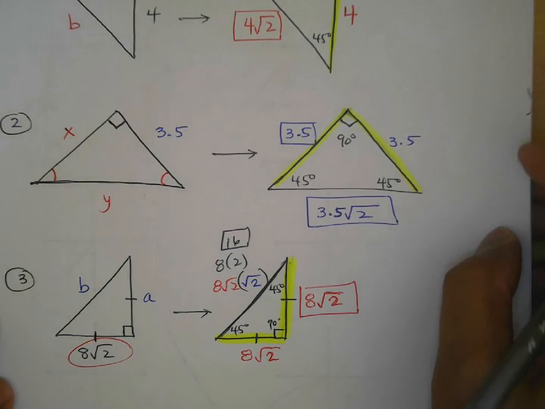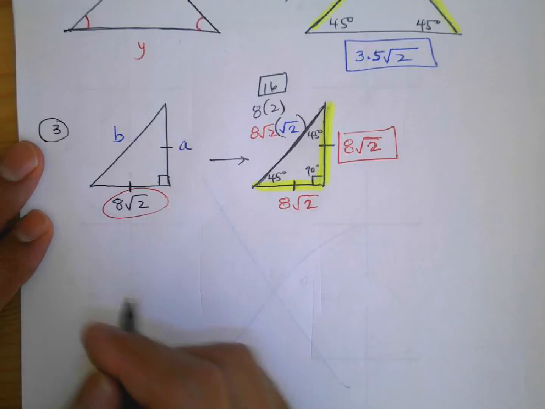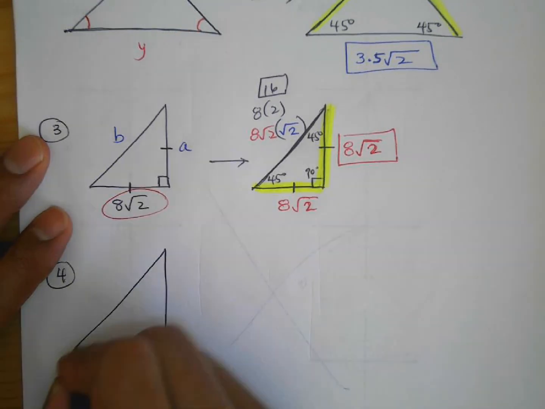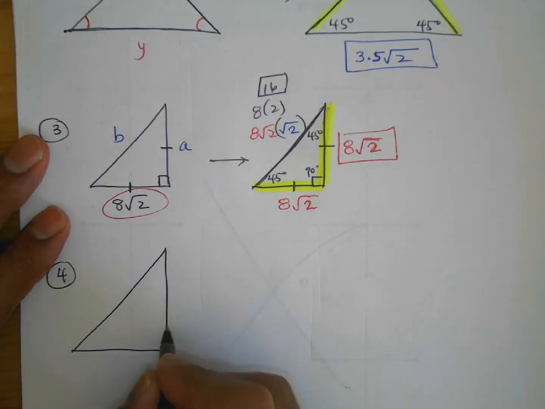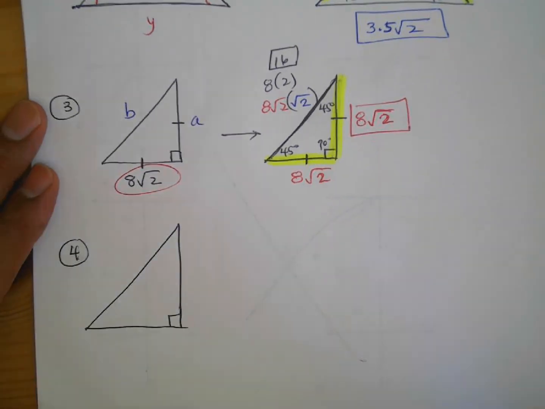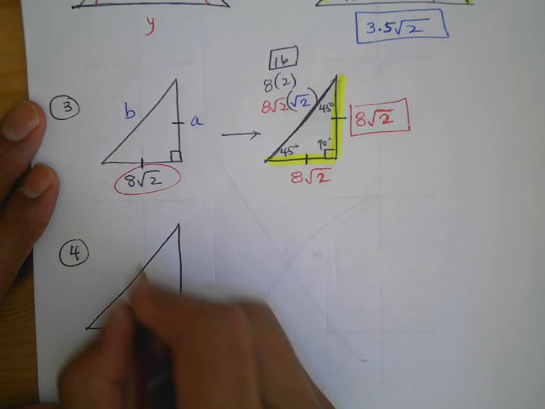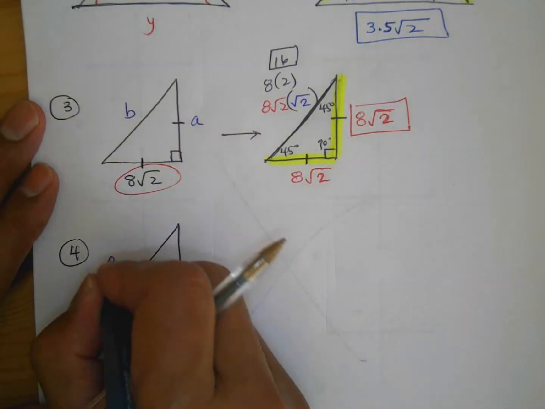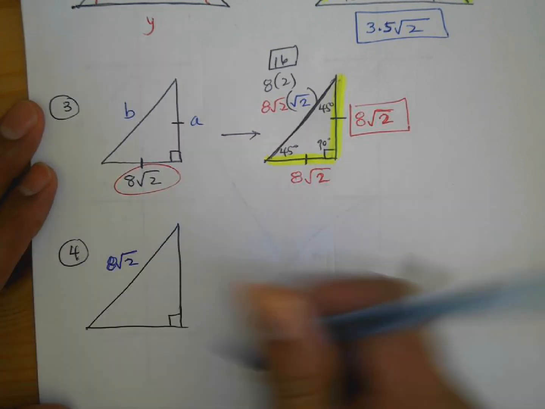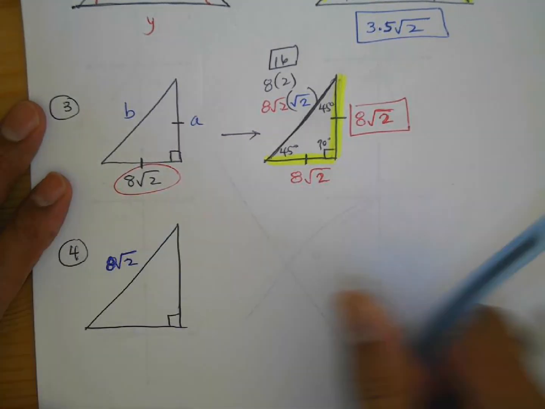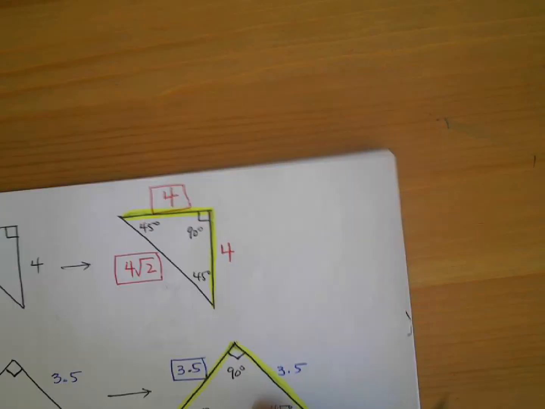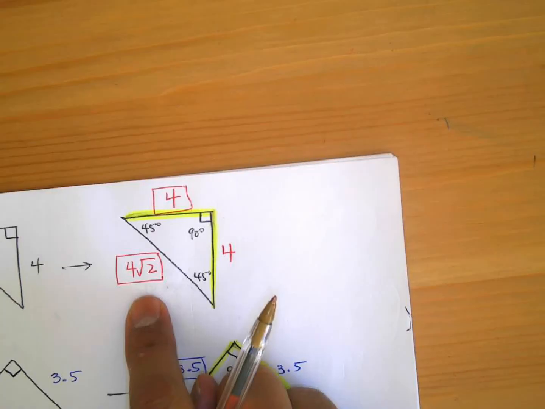Now that's a different problem from this last one, number 4. What if I put the 8 root 2 like this? Watch the difference. Here they put 8 root 2 as a leg. If they put 8 root 2 right here and they give you the hypotenuse to be 8 root 2, then this matches the way it's supposed to be, like 4, 4, 4 root 2.